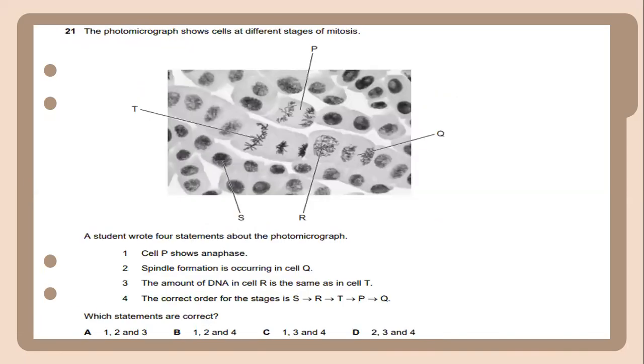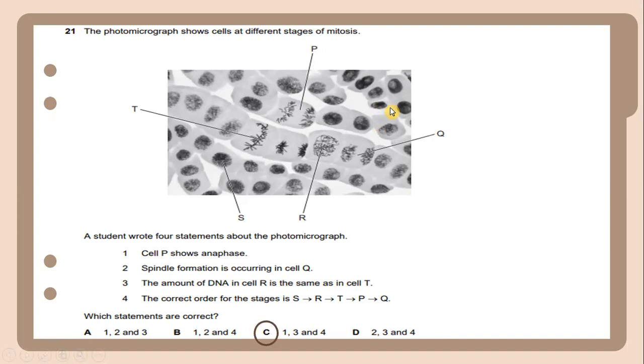And number 21, the photomicrograph shows cells at different stages of mitosis. A student wrote 4 statements about the photomicrograph. 1 is that cell P shows anaphase, 2 is that spindle formation is occurring in cell Q, 3 is that the amount of DNA in cell R is the same as in cell T, and number 4, the correct order of the stages is S, R, T, P, and Q. Which statements are correct?